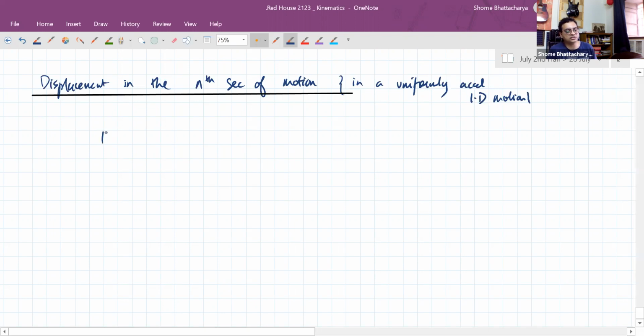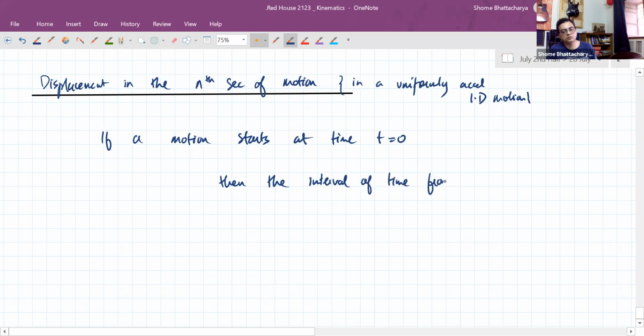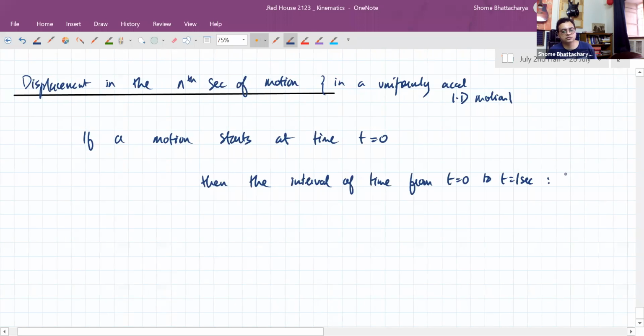If the motion starts at t equal to 0, then the interval of time from t equal to 0 to t equal to 1 second is called the first second of motion. There's a difference between saying t equal to 1 second and saying first second of motion. First second of motion is an entire interval of time of 1 second, but from when to when? 0 to 1 second.